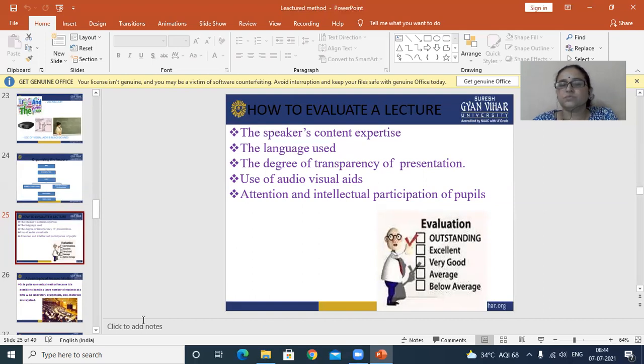So these are the key points to evaluate lecture. And evaluation: outstanding, excellent, very good, average, below average. So these are the rating scales to use.